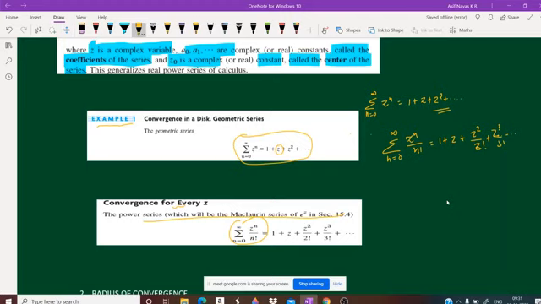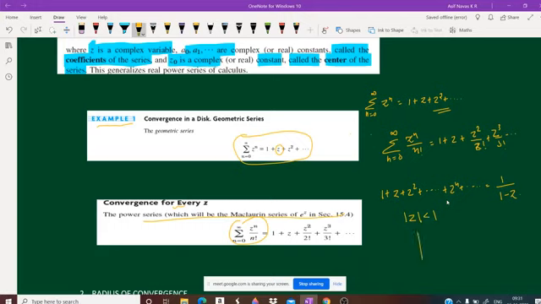For the geometric series we know that 1 plus z plus z squared plus etc. plus z to the power n plus etc. is equal to 1 by 1 minus z, right? This you already know, the geometric series sum. This is valid only when mod z is less than 1.